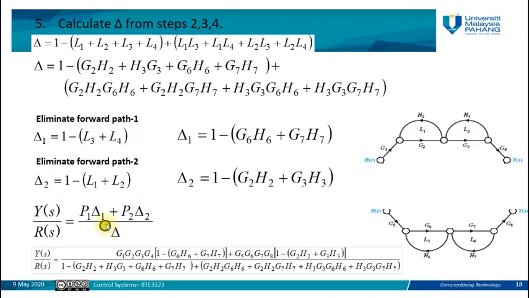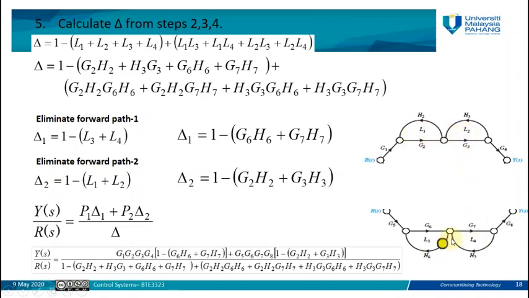In order to find delta 1, we need to find the gains of the loops which are non-touching with forward path number 1. In order to find delta 2, we need the loops which are non-touching with forward path number 2. So by isolating forward path number 1, which goes through G1, G2, G3, G4 to the output, what are the loops which are non-touching with this forward path? L1 is touching, L2 is touching, so they will be ignored.